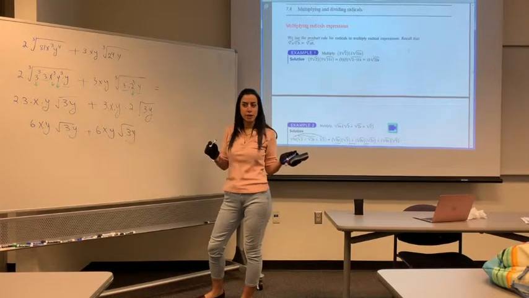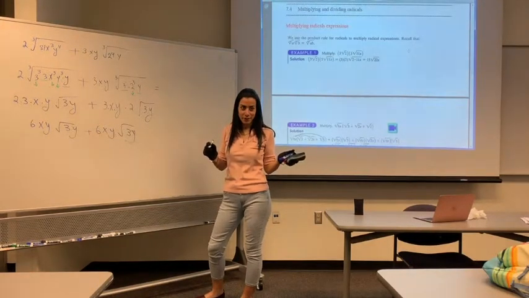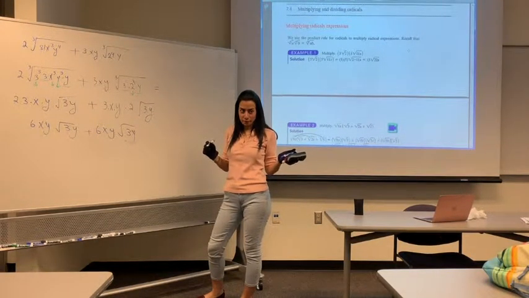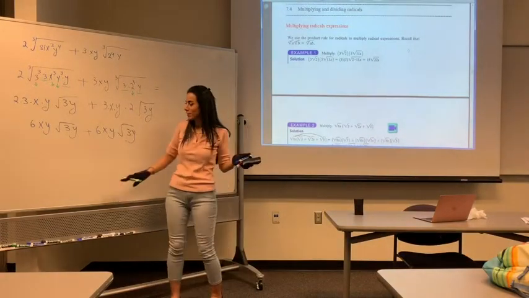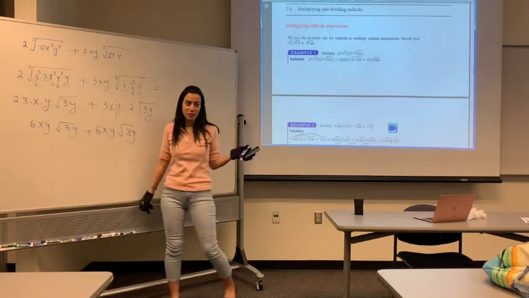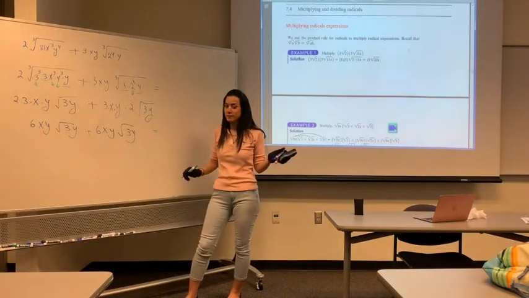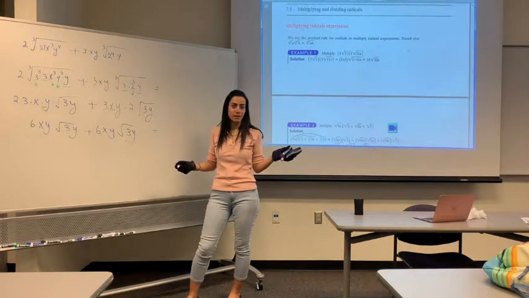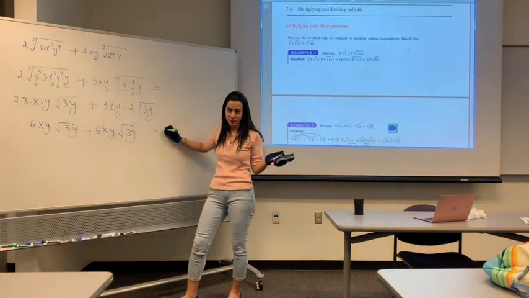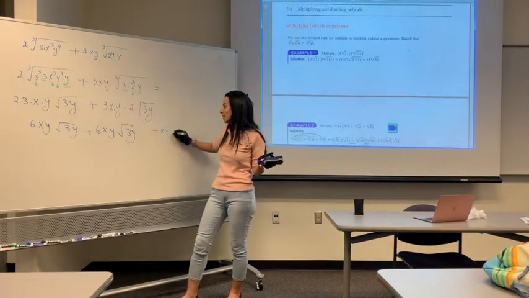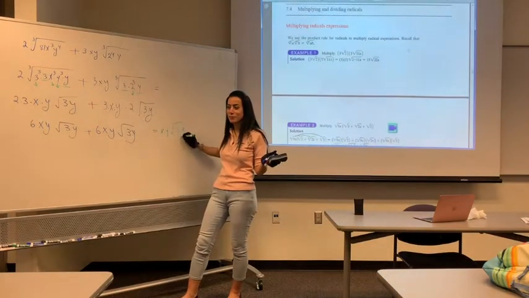How many xy radical 3y remains? 12 of them, right? Or you could say, okay, there are common factors here. X, y, radical 3y.